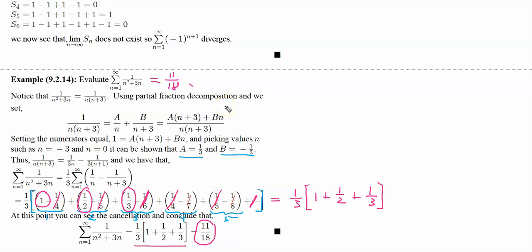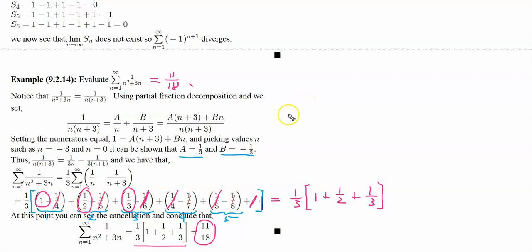And there you go. So for this problem, in comparison to a previous collapsing series problem that we looked at, you notice we had to go out a few terms until we saw that everything was collapsing. And then whatever was left over at the beginning is what our series is going to sum to.